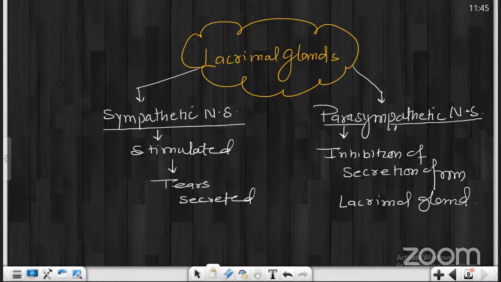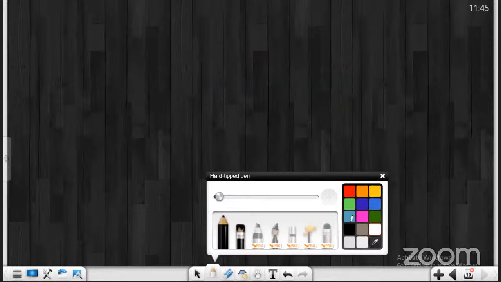The next one, the last one also, is the erector pili muscle of skin. What are these? Erector pili muscle. किसी को आइडिया है? What are erector pili muscles? What do they cause exactly? Where are they located? Erector pili muscles of skin.